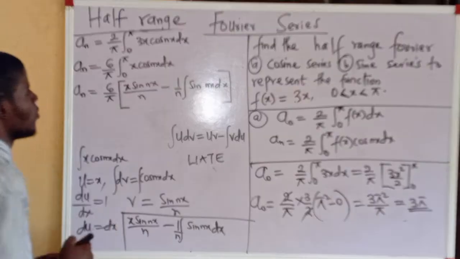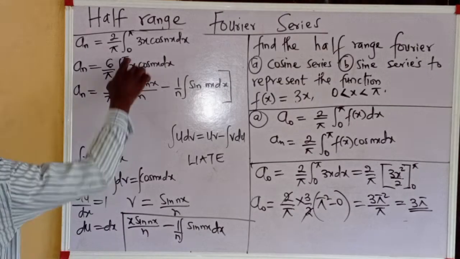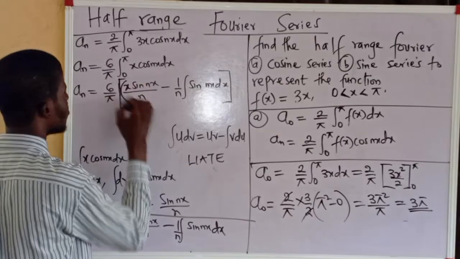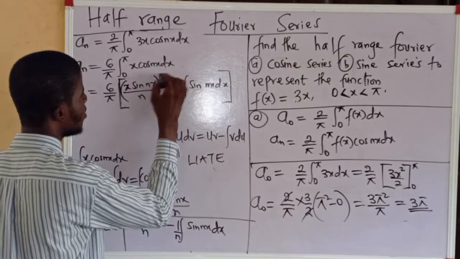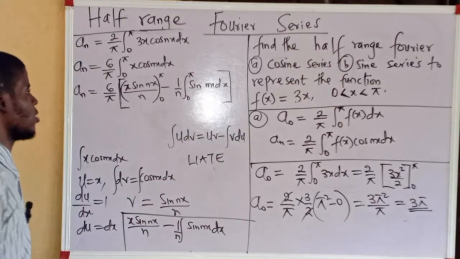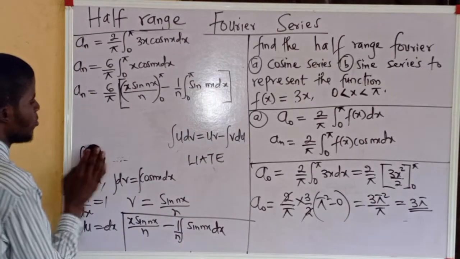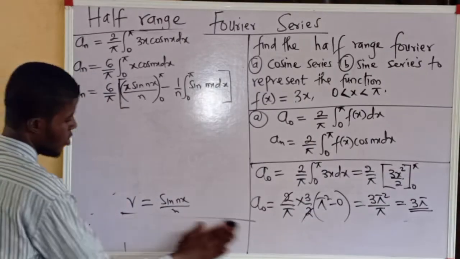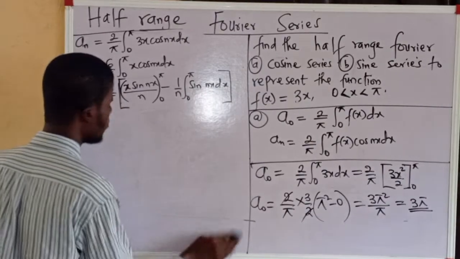The integration is from 0 to pi. So I can do something like this, from 0 to pi. I'm correct. So let's simplify further. This is all for the integration by parts. Let's continue with what we are looking for.